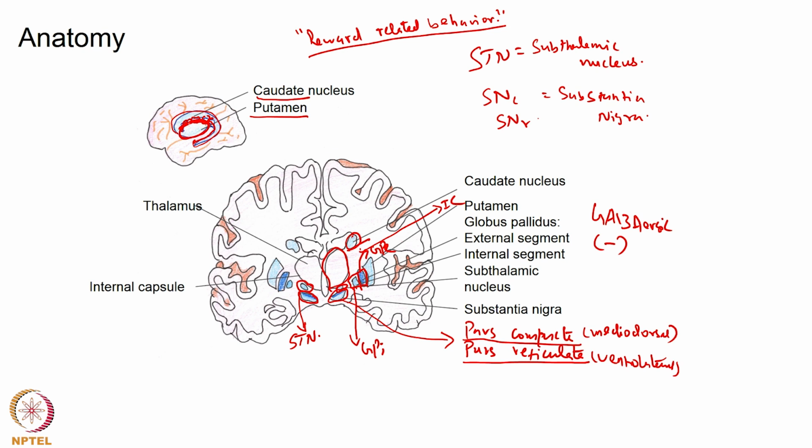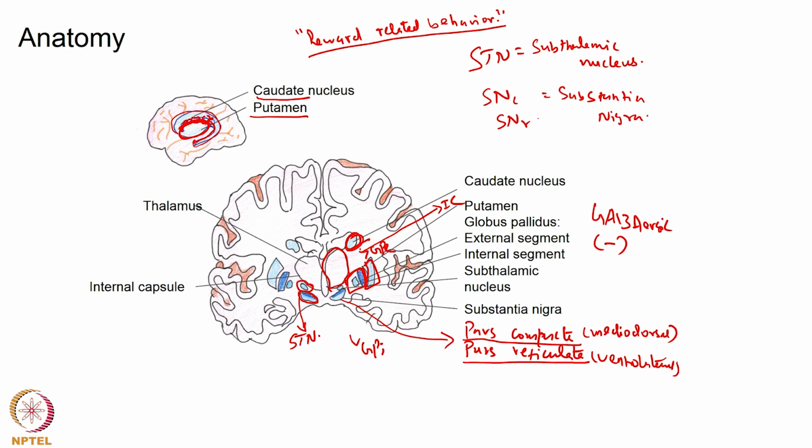More medial to the putamen is the pallidum, which is divided into two parts. So, this is the putamen, this is the caudate, and more medial to that is the pallidum, that is divided into two distinct nuclei, the external and the internal.